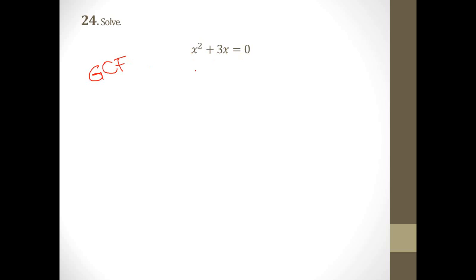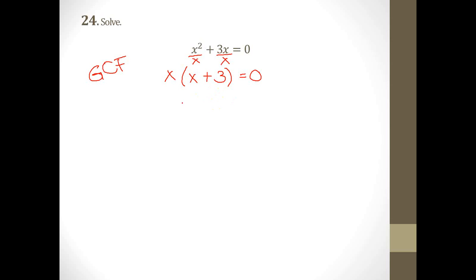Both of these have x in common. And I'm going to take out that x, the GCF, from each term, and I'm left with x plus 3. All that is equal to 0.